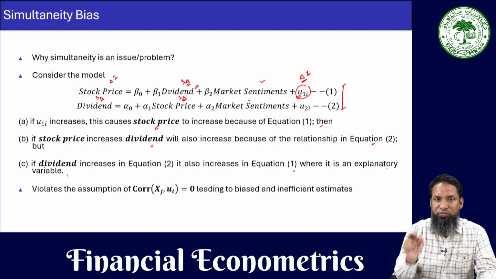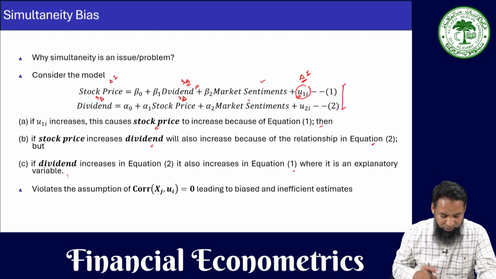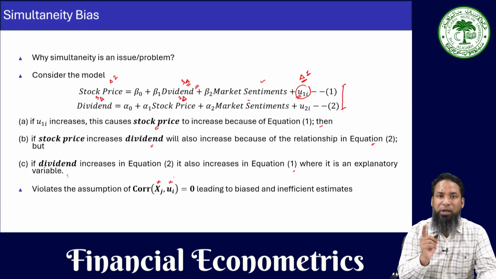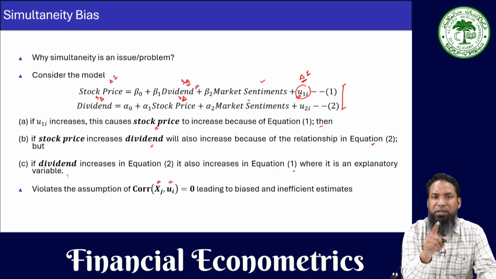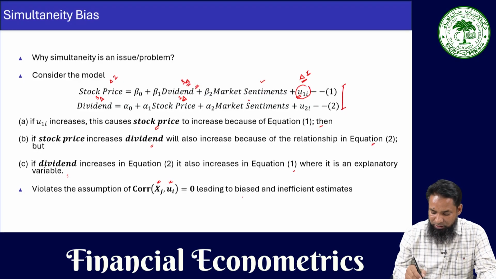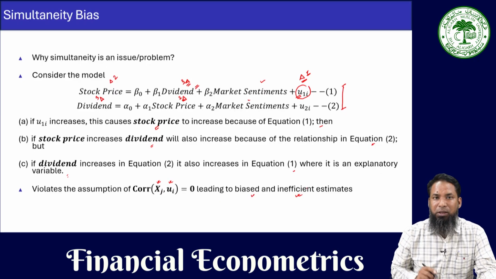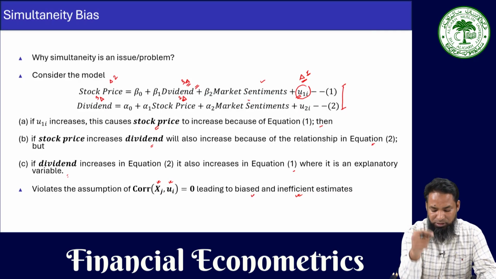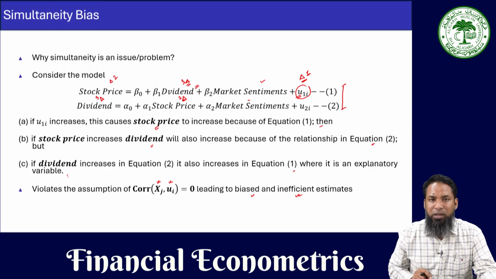That means we might predict some kind of correlation between the explanatory variable and the error term, whereas the OLS assumption is that there should not be any correlation. If there is any correlation, it will lead to a biased and inefficient estimate. Therefore, due to this simultaneity problem, we will not be able to use OLS estimates in this situation.